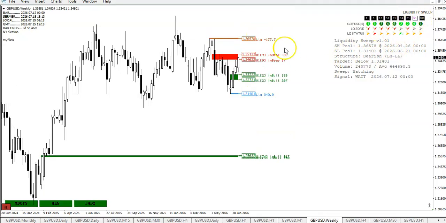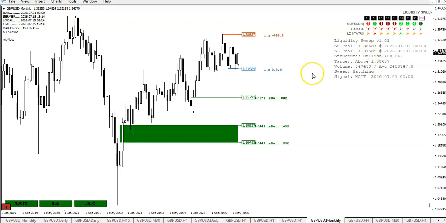You can go up to the week, and you have a whole different level. And then here with the imbalance, you can see there was an imbalance that needed to be taken out, and then there's one here that was created on the weekly chart. And you can even look at the monthly. And once again, it came down, hit liquidity last month, and then boom, there we go.